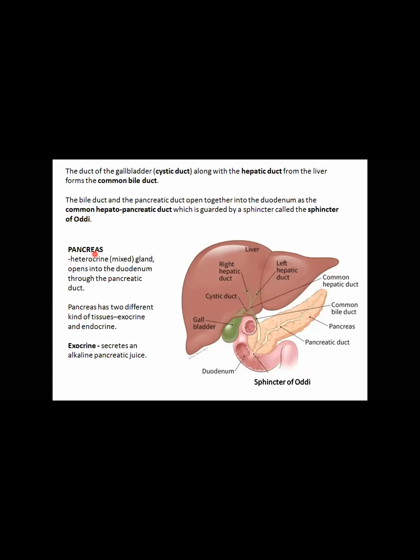What is the difference between exocrine and endocrine function? Tell me. Yes, exocrine वाला जो duct, exocrine function जो है, it has duct, right? Exocrine gland अगर है तो it will have duct, and also its secretion will be in a particular organ.